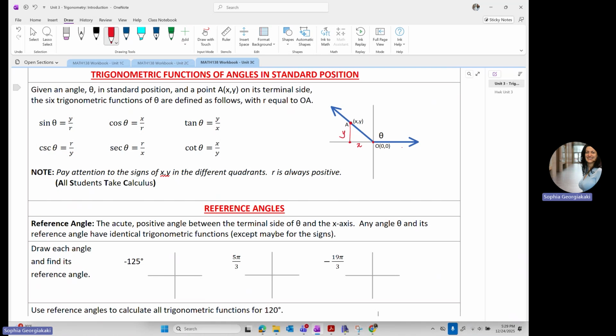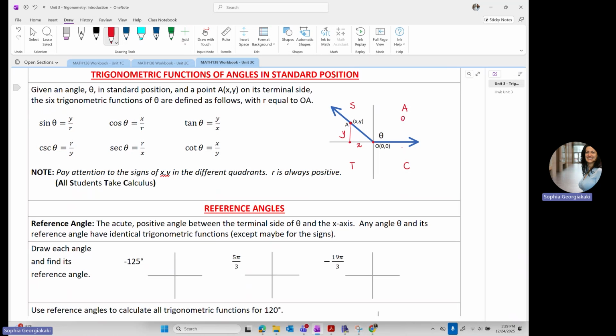R is always positive. There is a mnemonic device if you want to use it. It says all students take calculus, and I wrote these letters in the quadrants in the way they are defined.